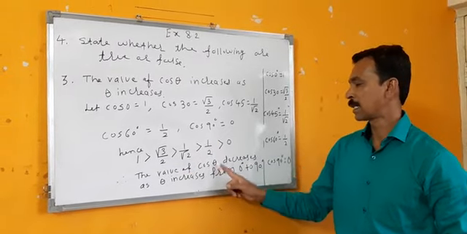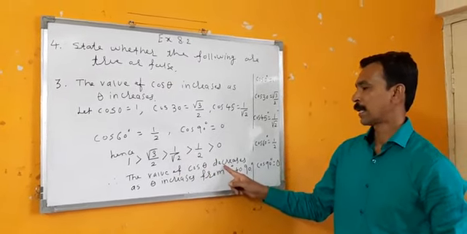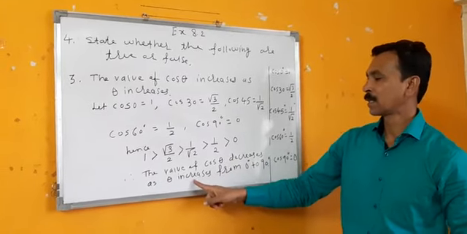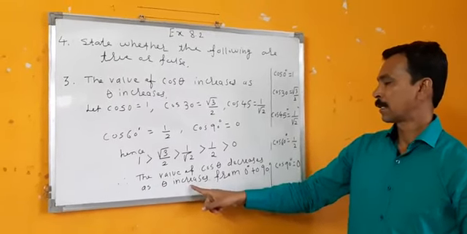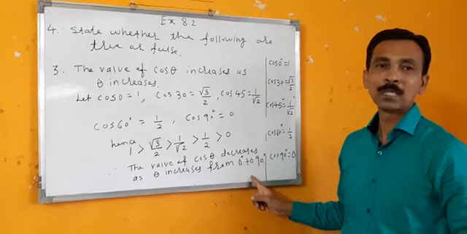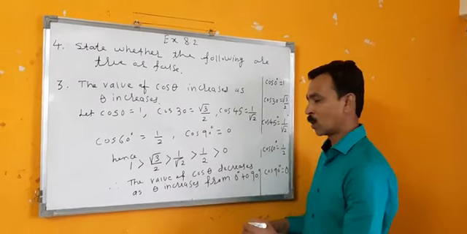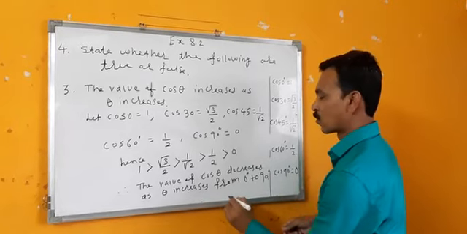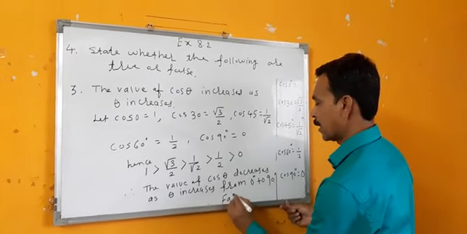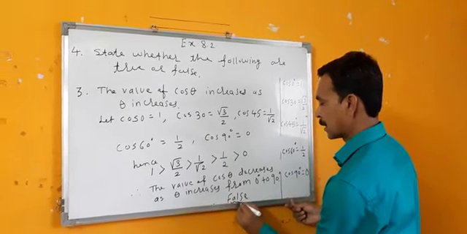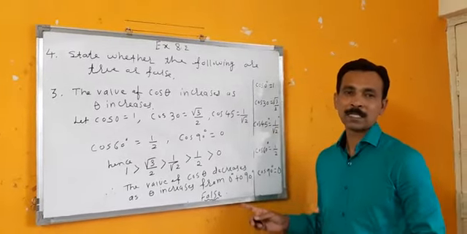So value of cos theta decreases as theta increases from 0 to 90. So the statement is false.